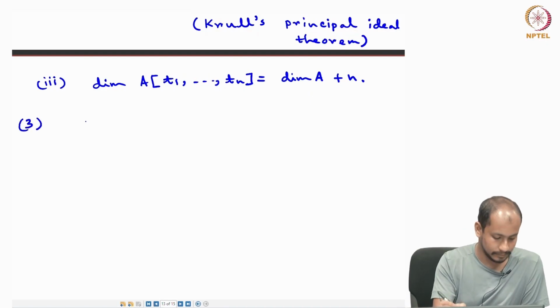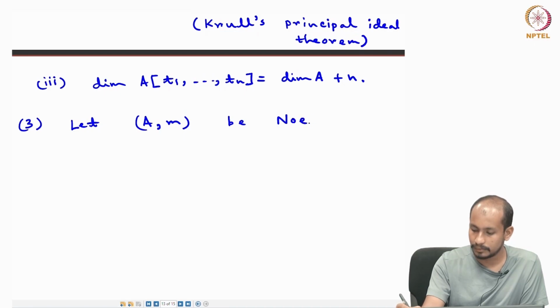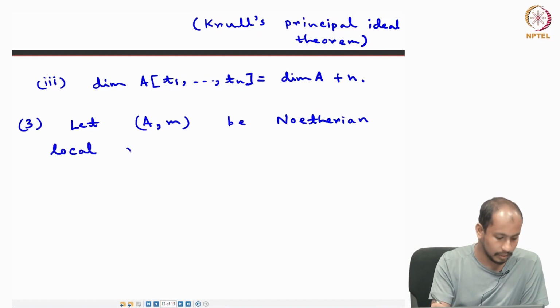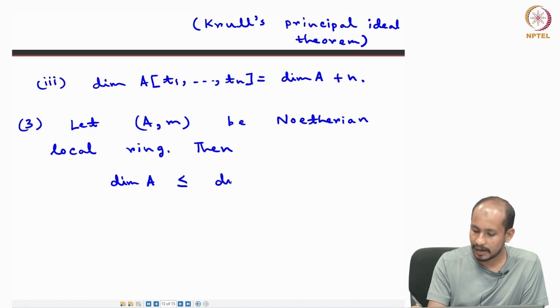Now, fourth, let (A, m) be a Noetherian local ring, then the dimension of A is less than or equal to the dimension of m mod m square.